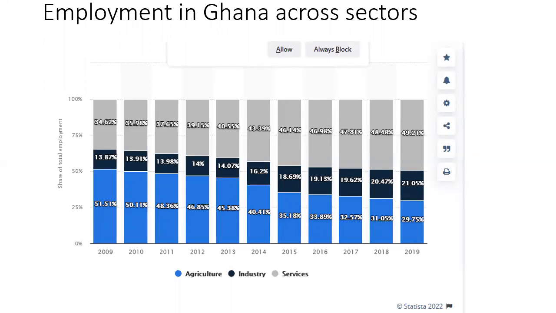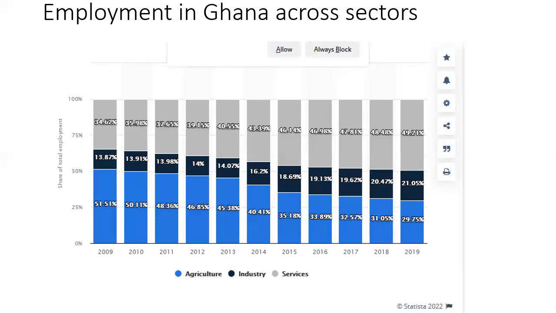So when we look at it from 2009, we can see a decreasing trend for agriculture all the way to 2019. The contribution of agriculture to our employment within the country is just about 29.75%, and that correlates with agricultural production in the country from the same period.